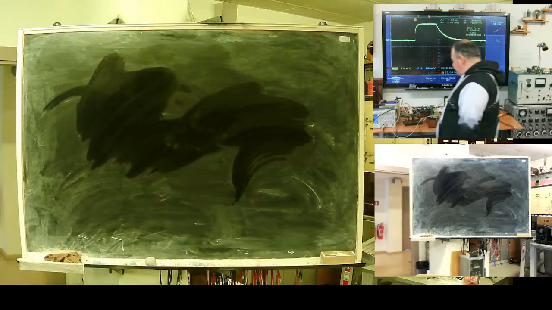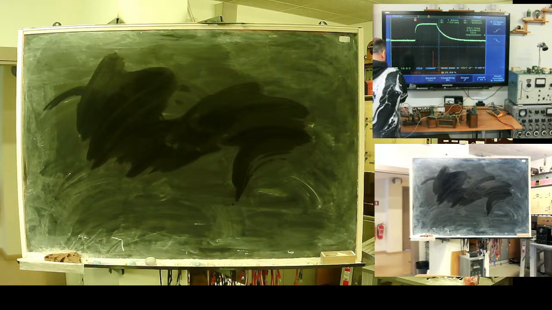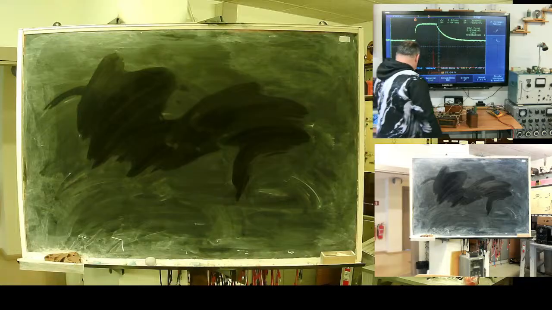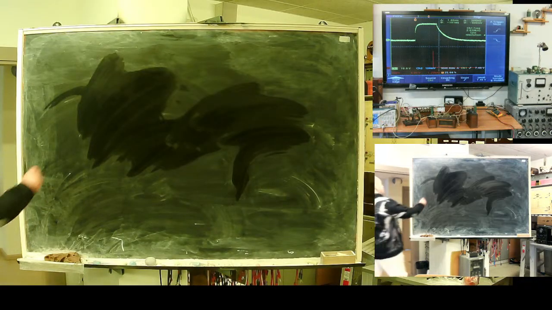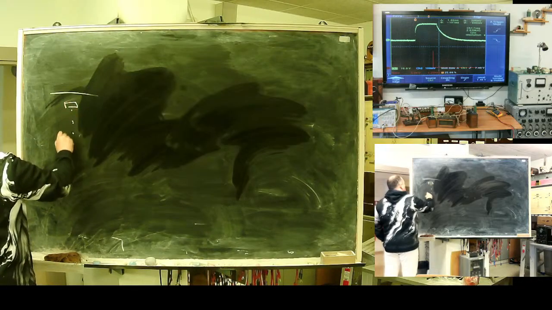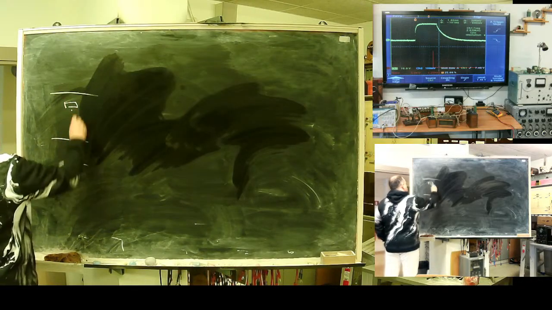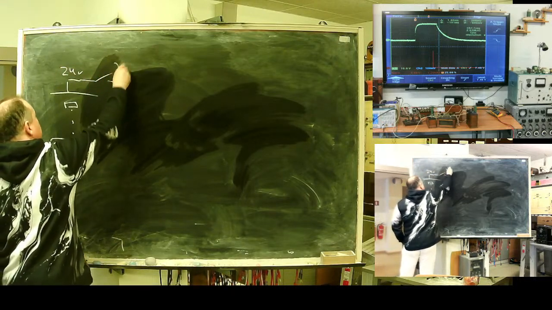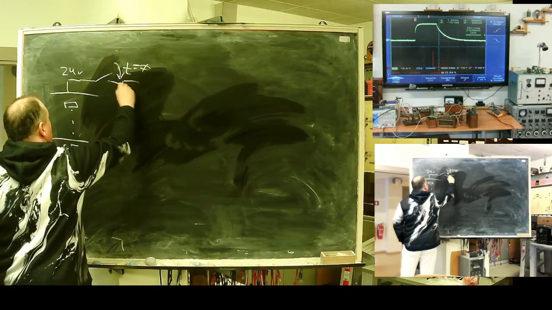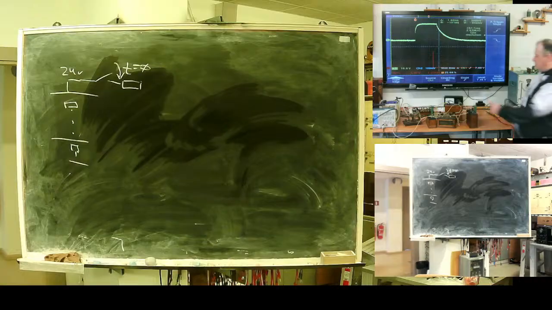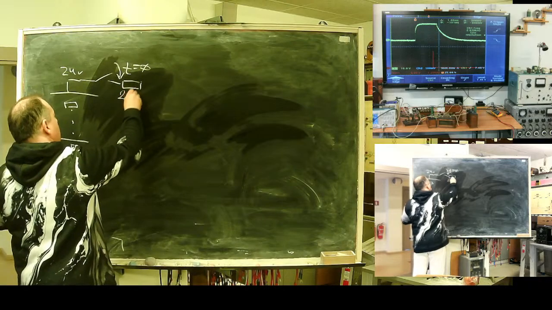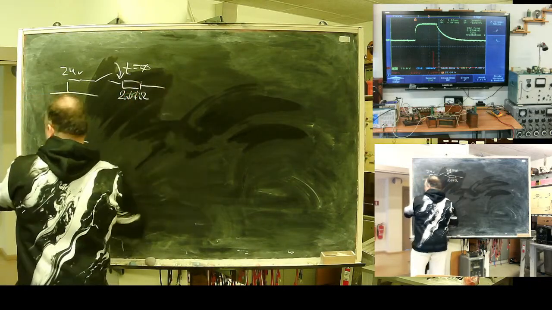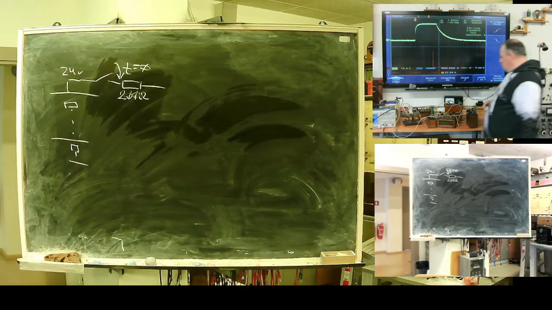Let's skip philosophy and see something real. I have this network. A 24 volt battery, the switch will close at time 0. Here, this resistance is 200 ohms. Next, it splits in two.